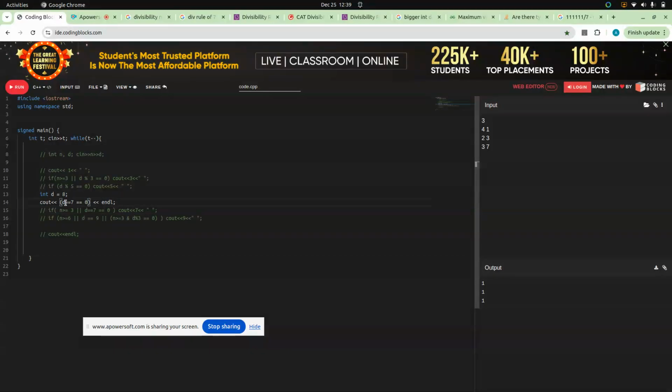Oh, now I get it. So it is evaluating it in bracket order, as per the BODMAS mentality we have that brackets execute first. So first it checks whether d is equal to 7. No, it's not.